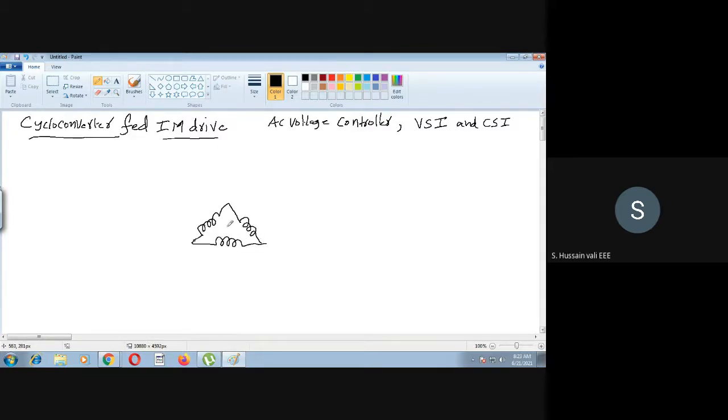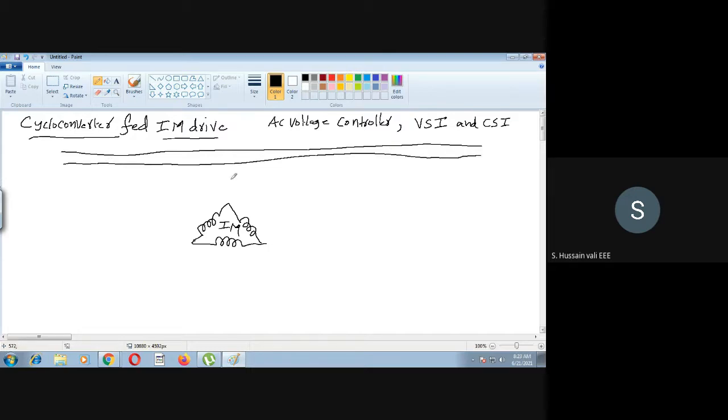So once again, there are several types of cycloconverters: half wave, full wave, bridge, midpoint, step up cycloconverter, step down cycloconverter. Different cycloconverters are there.